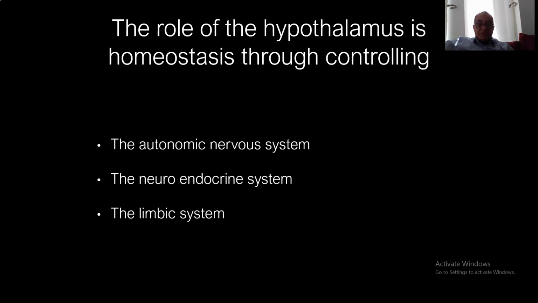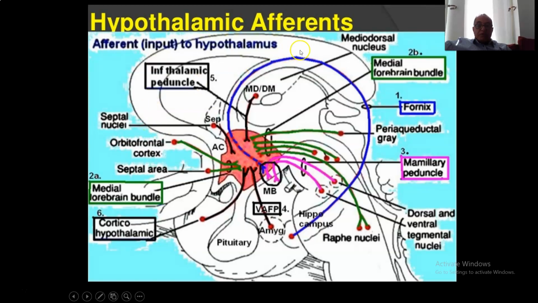Pathways of the hypothalamus. The role of the hypothalamus is homeostasis through controlling the autonomic nervous system, the neuroendocrine system, and the limbic system. Don't be scared from this view. The afferents of the hypothalamus: what is it receiving? Actually they are two-way, getting fibers from and going to. So what is the hypothalamus receiving?